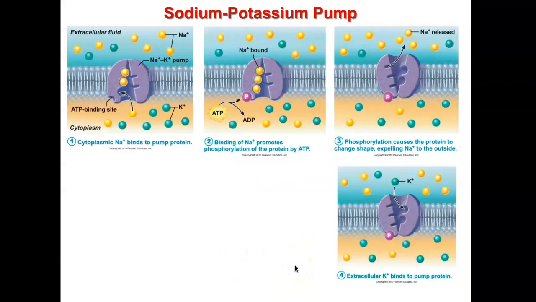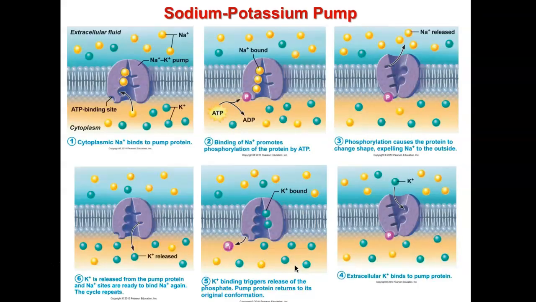The sodium-potassium pump is the example for active transport that you actually do need to know for this class, because a neuron could not fire unless the sodium-potassium pump set it up to fire. And so I'm going to run through this, and then I put a little link underneath this picture where you could actually watch an animation of this.